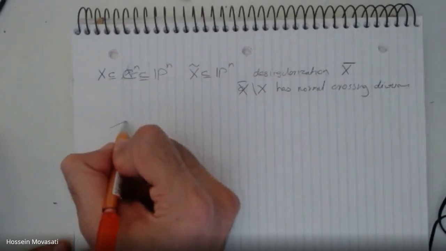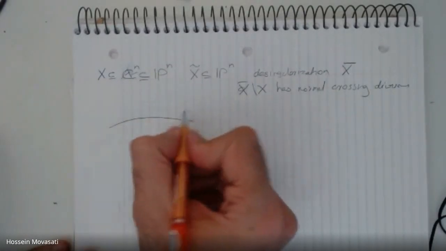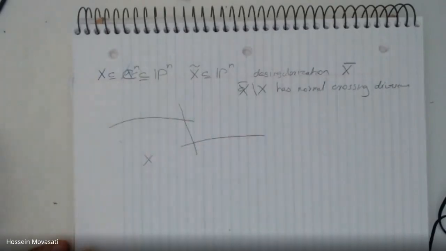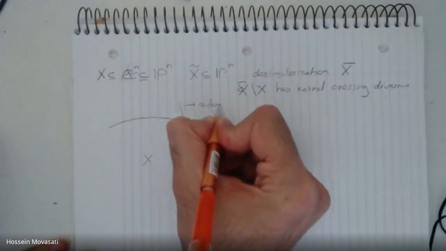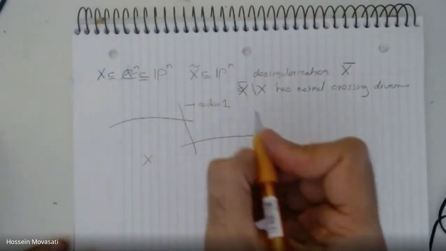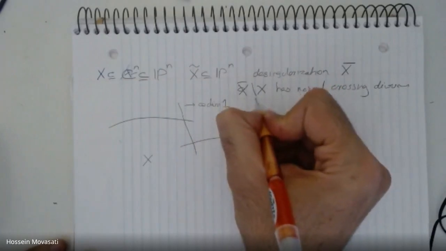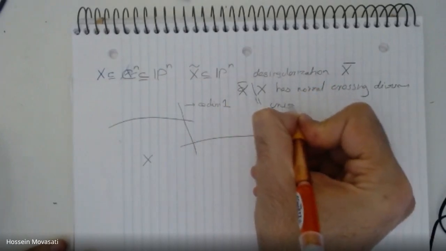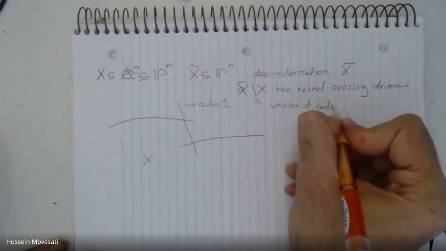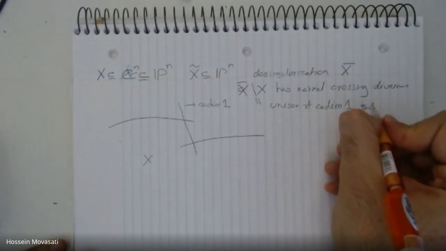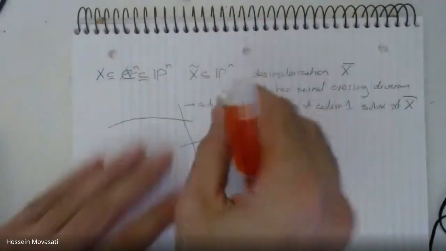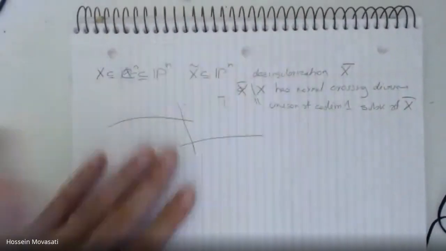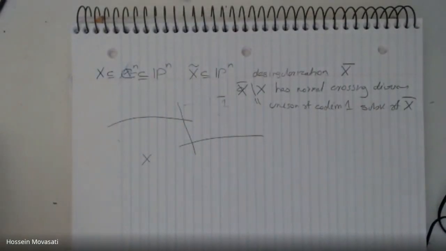So this means that at the end, our X, its complement will be a union of codimension one subvarieties of X bar. But what is normal crossing?